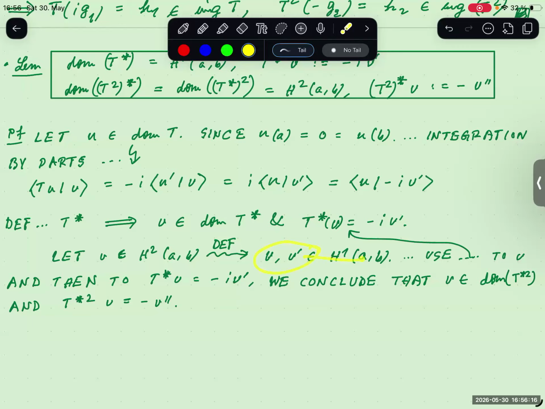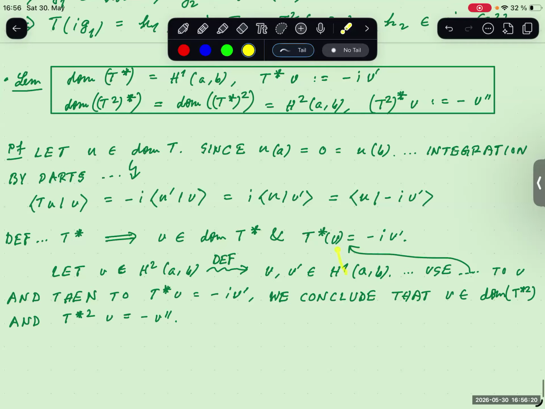The domain, just the way we defined it, requires that the first derivatives are in H1. If the first derivatives are in H1, then immediately what we derived for T star applies. By this I mean what is in the upper part, not literally this.